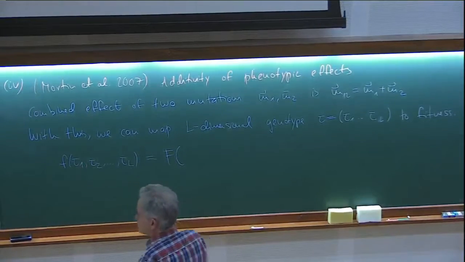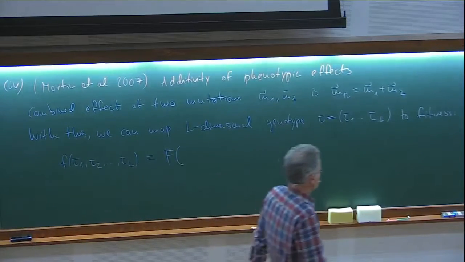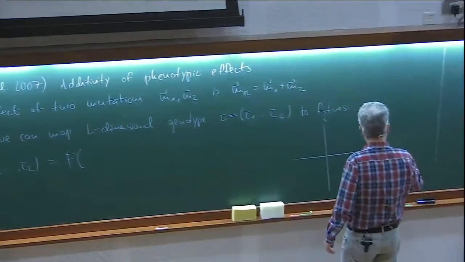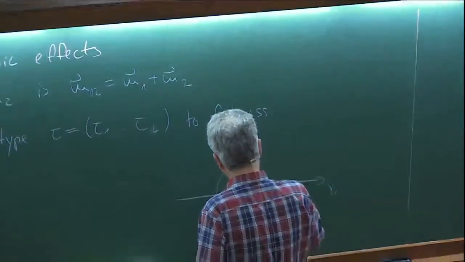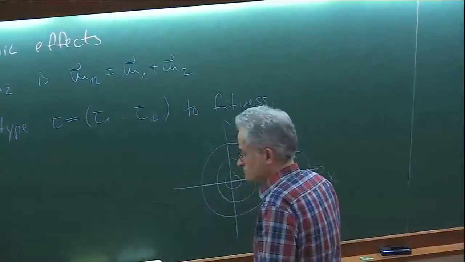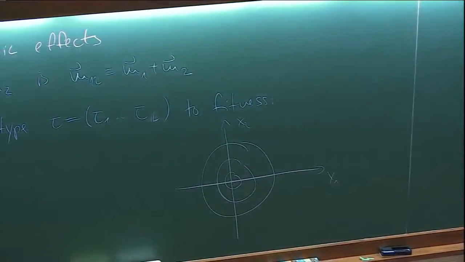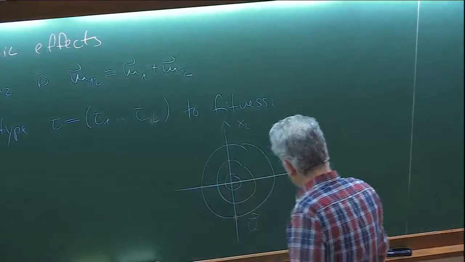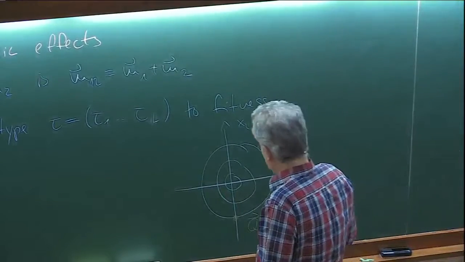And what is this phenotype? Well, let me draw another picture here. So we start at some initial phenotypic point, which I will call Q. So this is my wild type phenotype, and then I do a mutation.